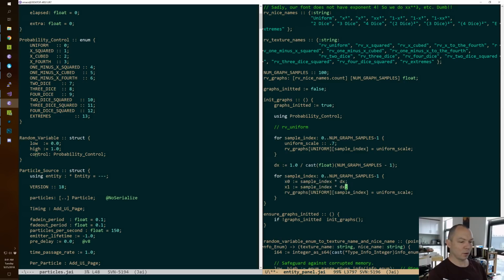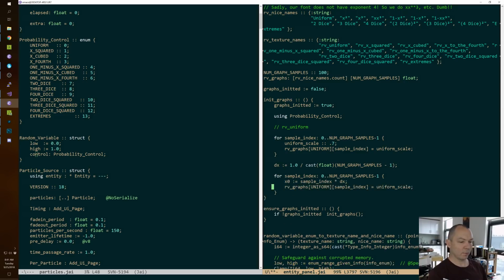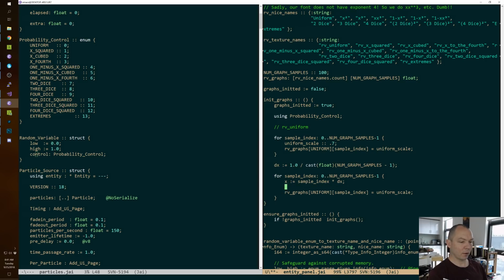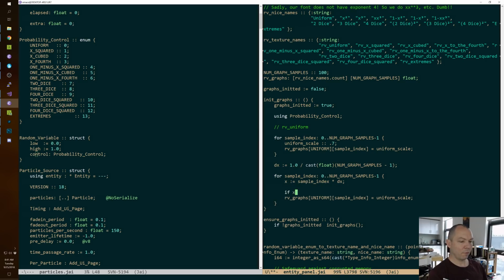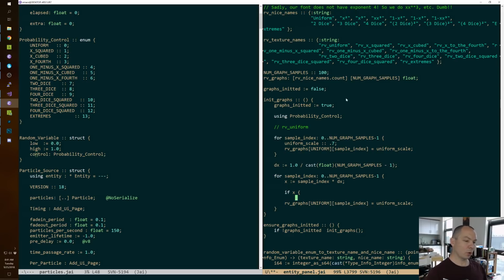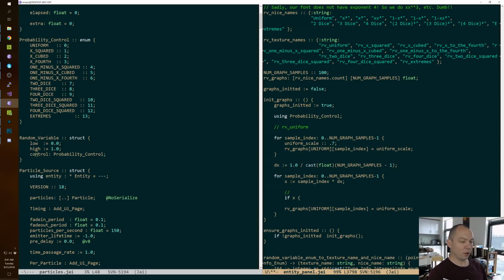We don't need x1, let's just say x. What we're graphing here is the derivative of the inverse function of y equals x squared.